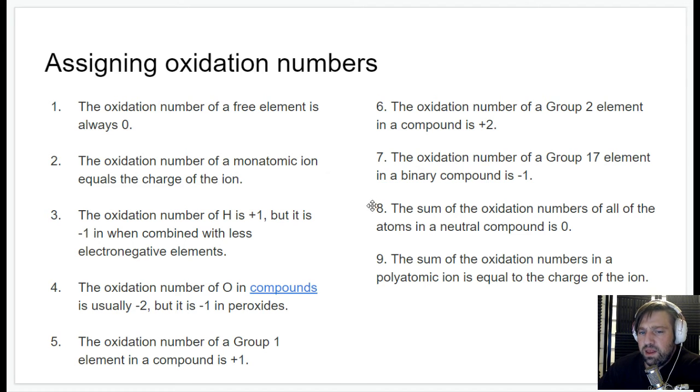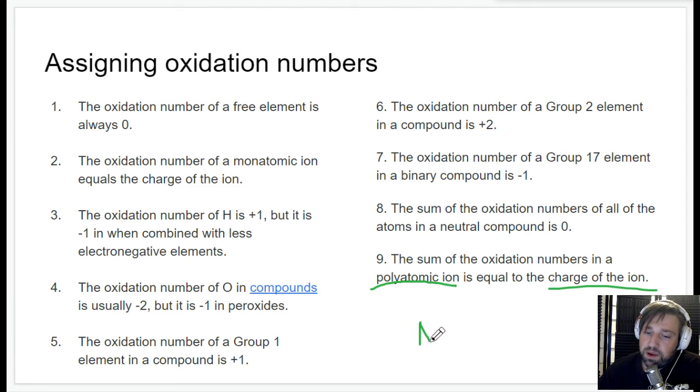And then last one, if you were to sum all of these oxidation numbers together, it should be 0 for a neutral compound. This just balances your charges. That's really what we're doing here. And the last thing, the sum of the oxidation numbers of polyatomic ions should be equal to the charge of the ion.